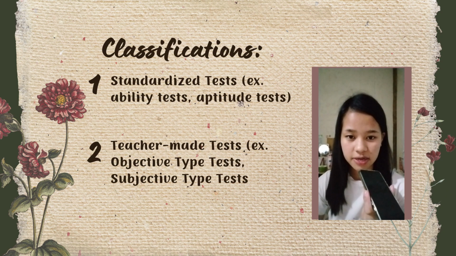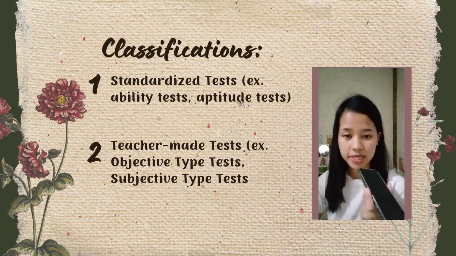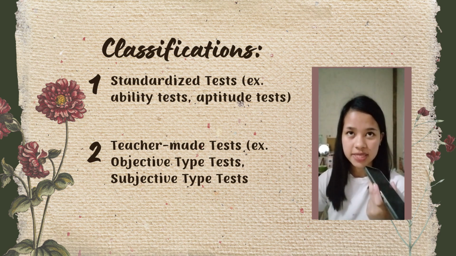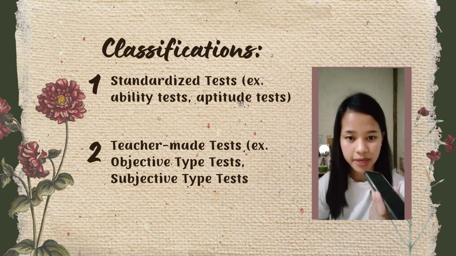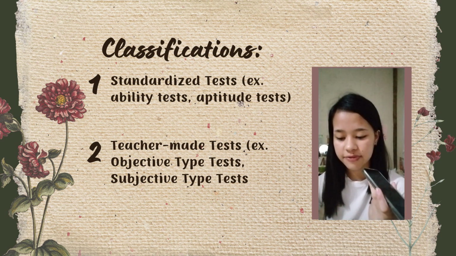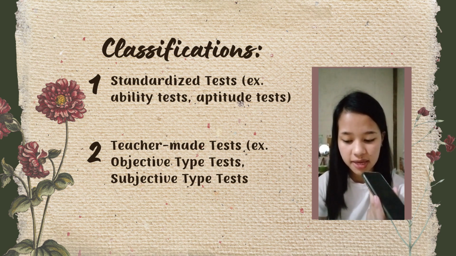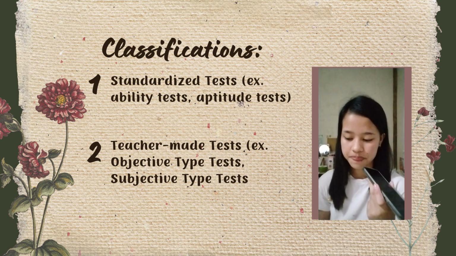The first one is the standardized test, and the second one is the teacher-made test, which can either be objective type or subjective type. For the objective type, we have examples such as multiple choice, true or false, matching type, and fill in the blanks.